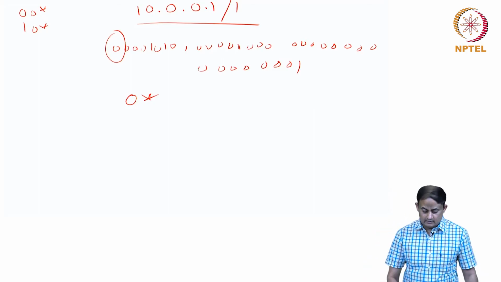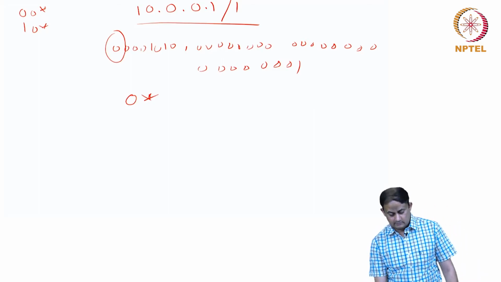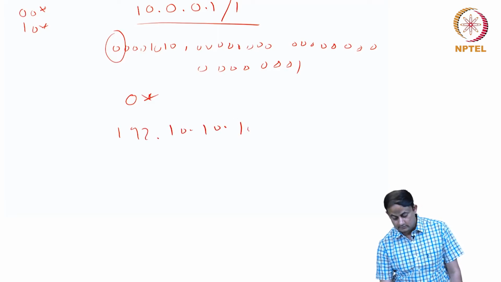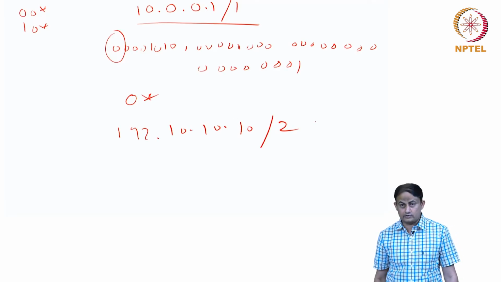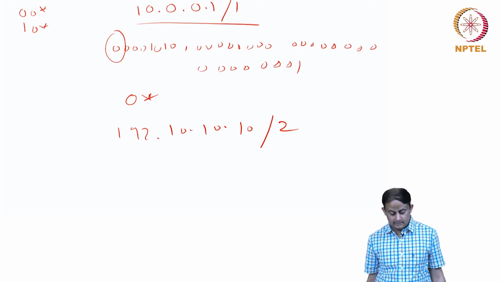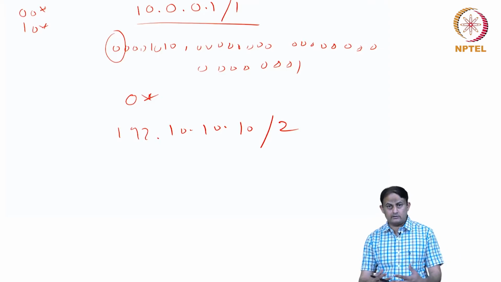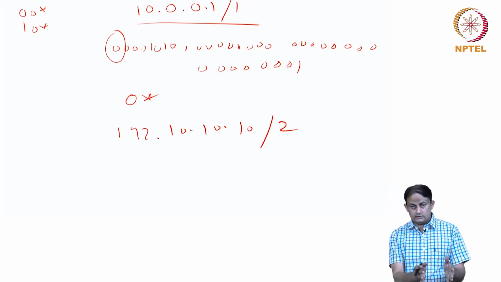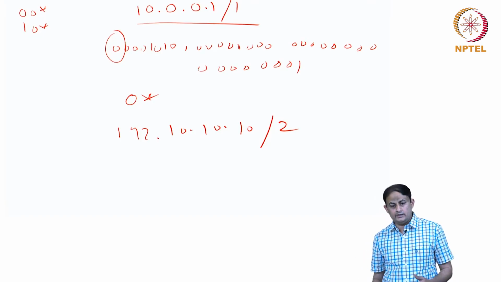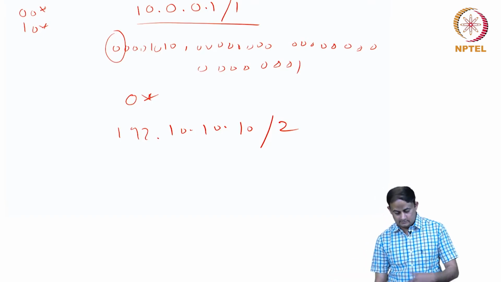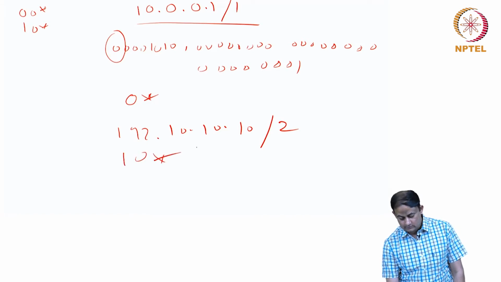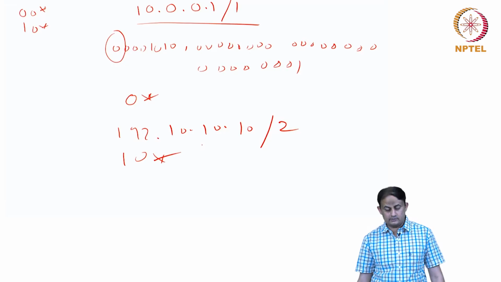So similarly, I might have something else as well. Let's say I have 192.10.10/2. What it means is, again you convert 192 into binary, 10 into binary, concatenate all the binary numbers and pick the initial 2 bits of this binary number. So let's say it turns out to be 10. So 10 star would be the prefix corresponding to this number.